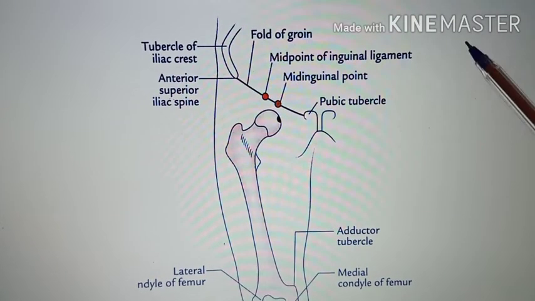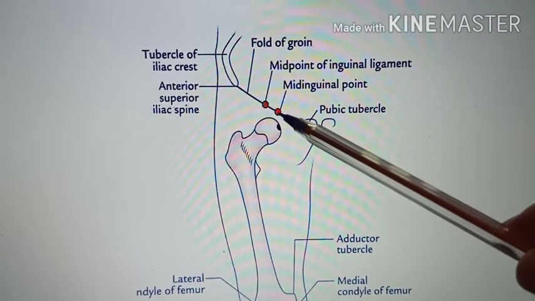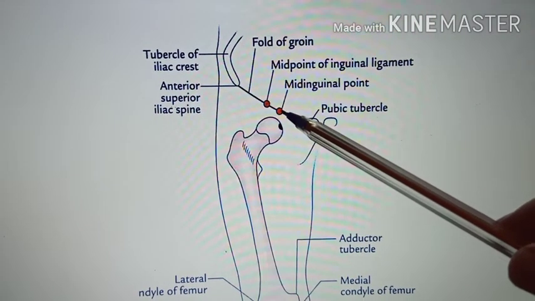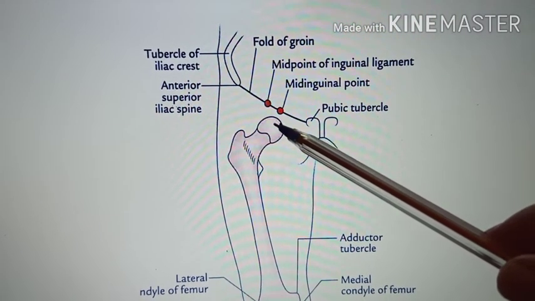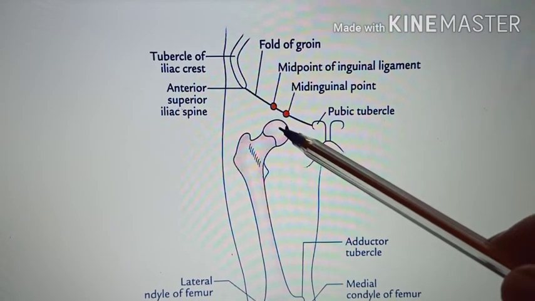Now coming to the femoral pulse. The pulsation of the femoral artery is felt just below the mid-inguinal point. You can see here, this is the mid-inguinal point. Just below it, you will feel the pulsations of the femoral artery.